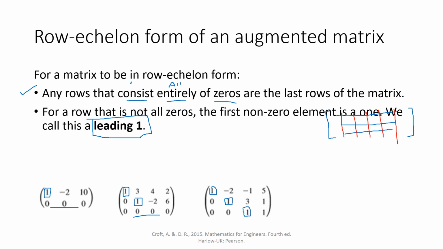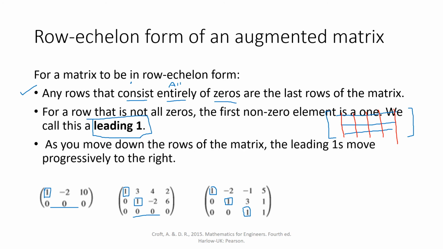Now something about the leading ones. When we move down in a matrix, the row of the matrix means coming down, the leading ones move to the right. Like it has one leading one, in the other column is 0, so this is fine. In the second row, the leading one has moved to the right.